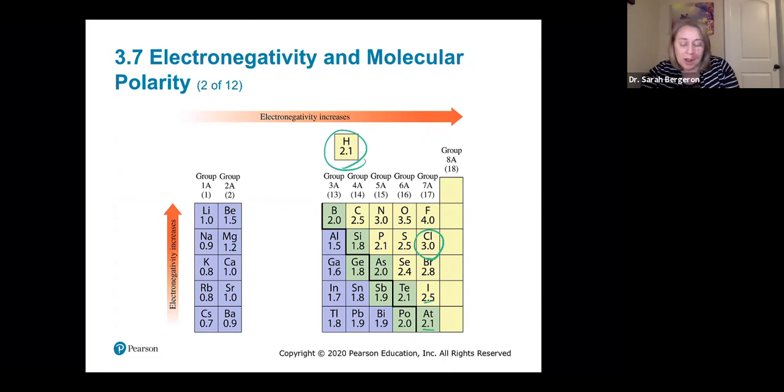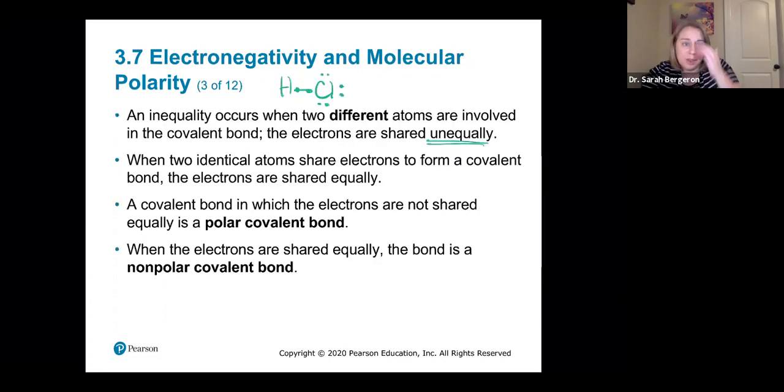And so it's going to be an unequal sharing. But when you have two identical atoms that share an electron, the electron is shared equally. So if you had, for example, two hydrogen atoms in a bond, each hydrogen has the same electronegativity value. So the electron is going to spend as much time with the first hydrogen as it does the second hydrogen.